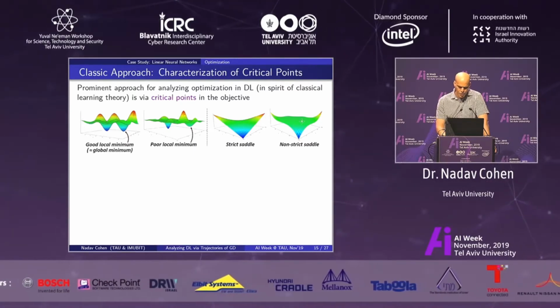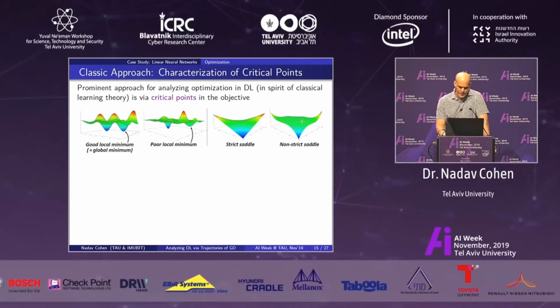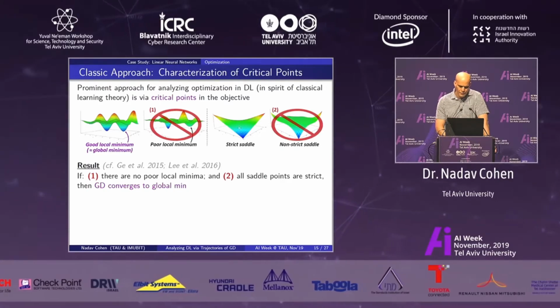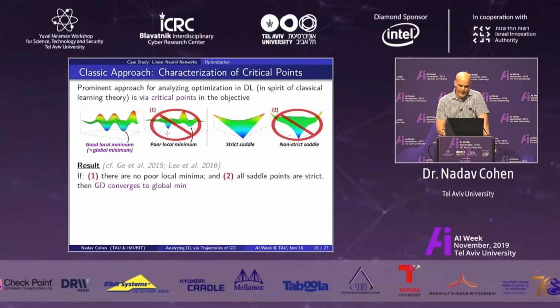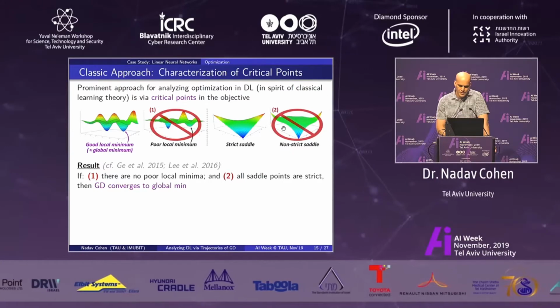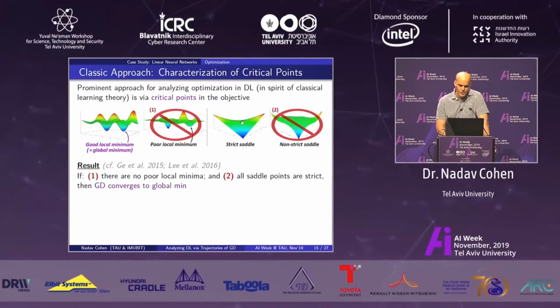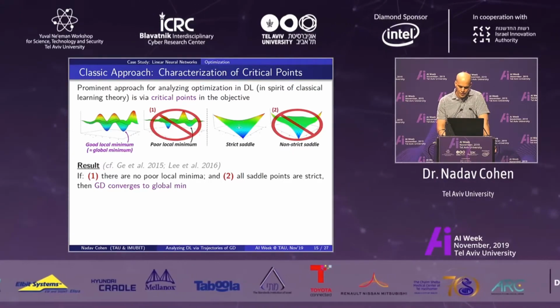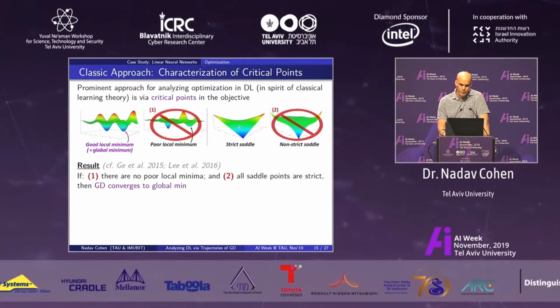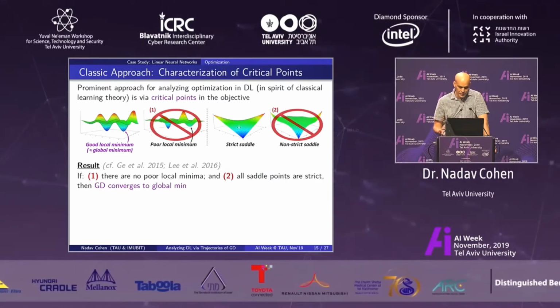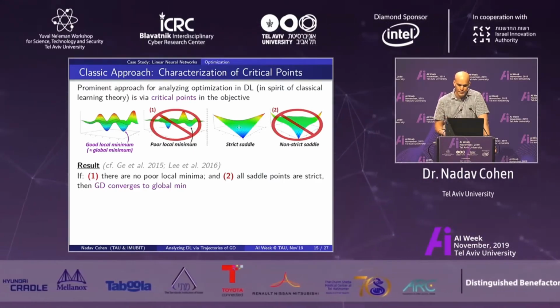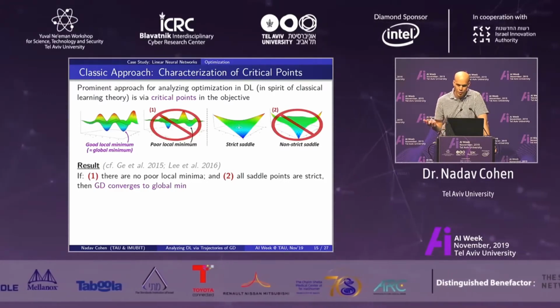And a result that was shown in different flavors in the last few years is the following. If my objective does not have any bad local minima, and it doesn't have any non-strict saddles, so all the saddles are strict, they look like this, then gradient descent will converge to global minimum. And so this is kind of appealing because we can prove convergence to global minimum just by looking at geometry of critical points.